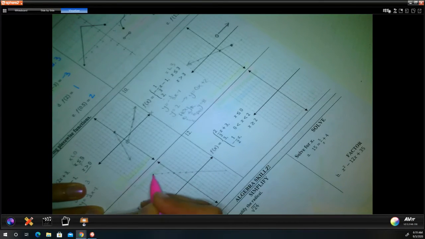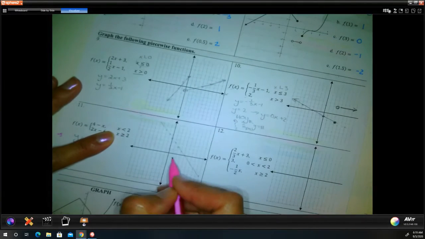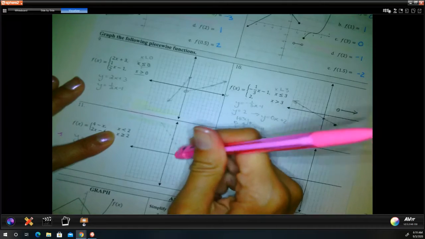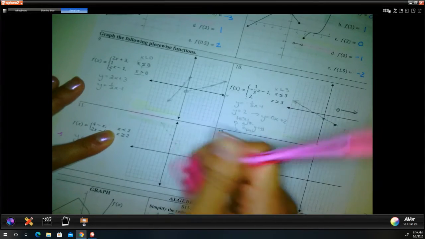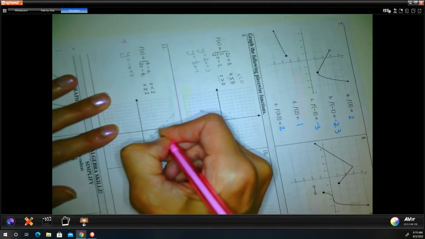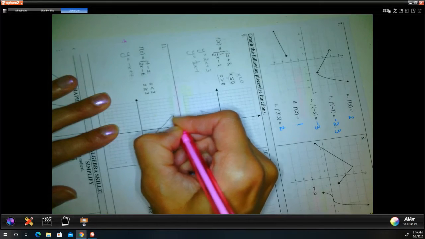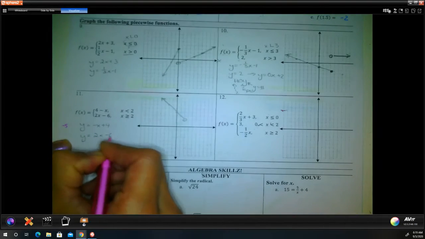And now I want to look at the domain. My domain tells me I just want the numbers less than 2. So 1, 2. I don't want anything to the right of that because I want less than, left, and I want this to be open. So I'm going to do an open circle, and then I'm just going to make sure I have a nice line here.